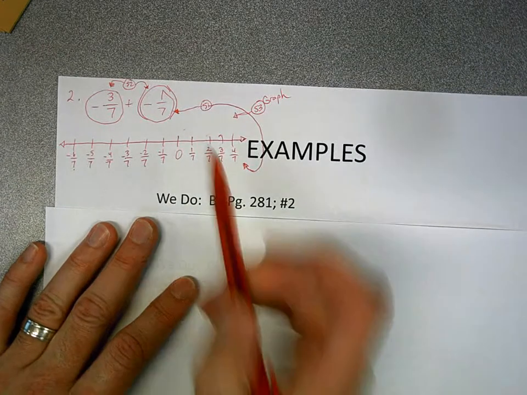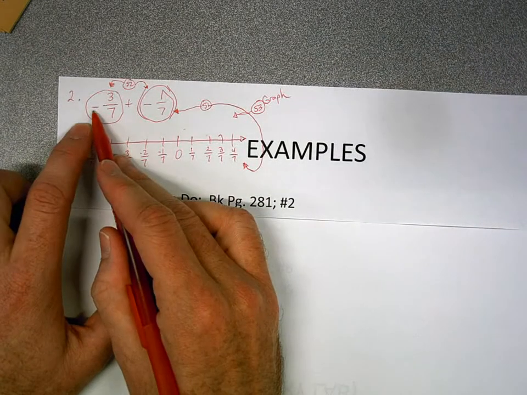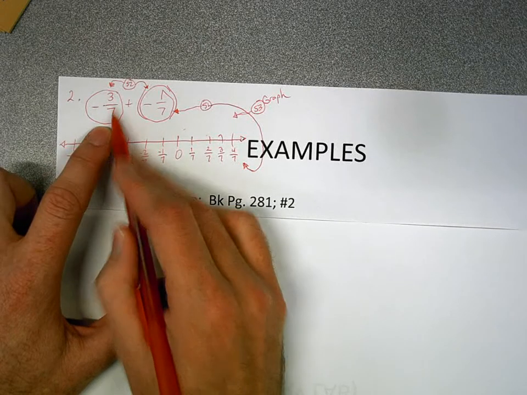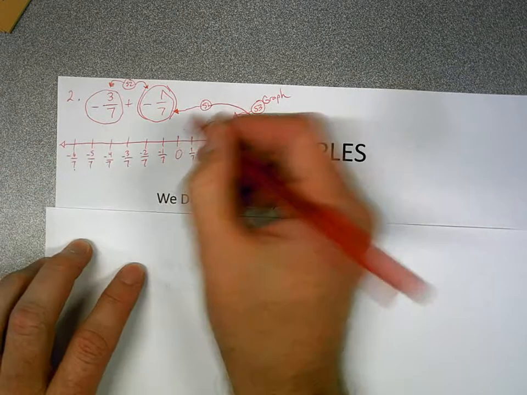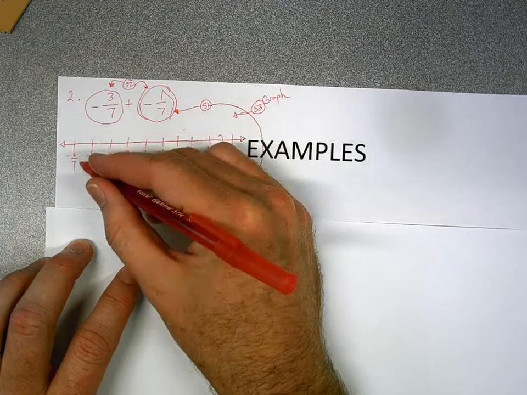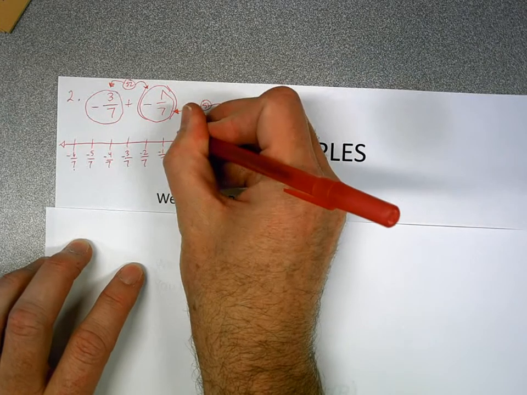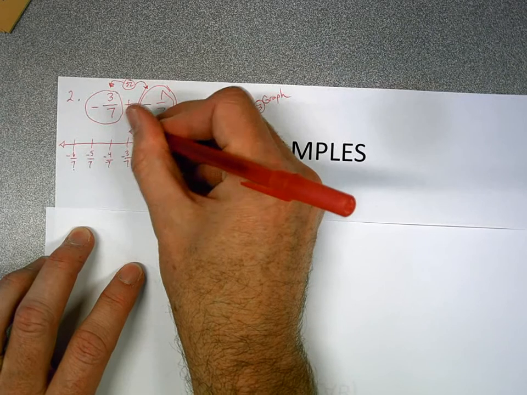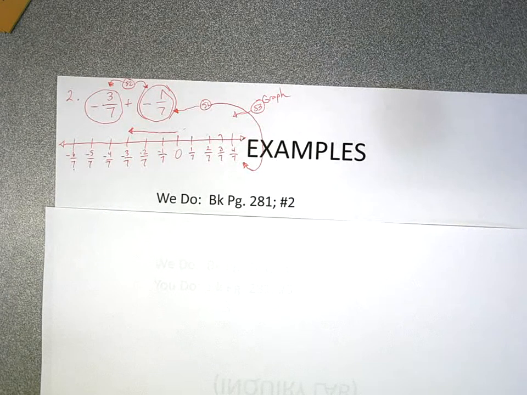Now watch what I'm talking about. The very first one says, remember, negatives or subtraction signs means I'm going left 3/7. So if each one of these is 1/7, that means I'm going from 0, 1, 2, 3 to 3/7, left 3/7.